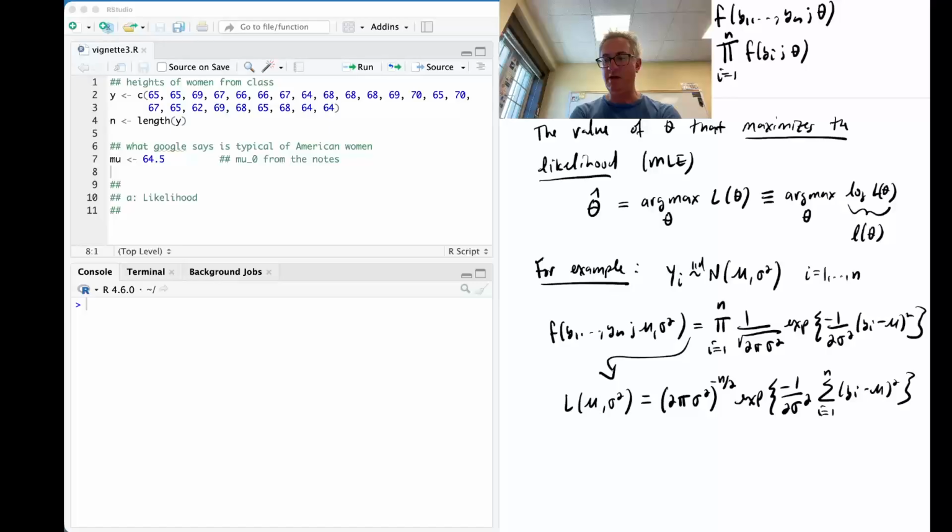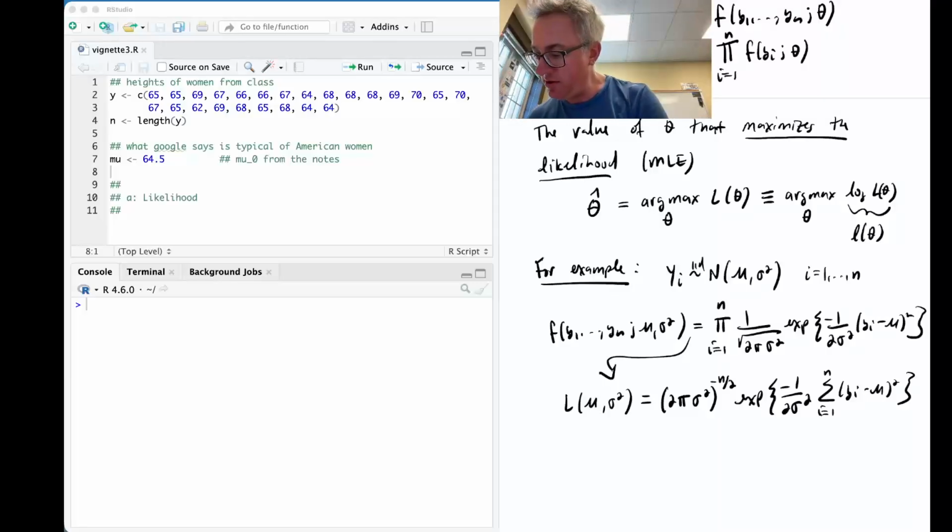So I haven't really done anything different than what I wrote down in chapter 2, but now I'm calling it the likelihood because I want to think about it as a function of the unknown parameters.